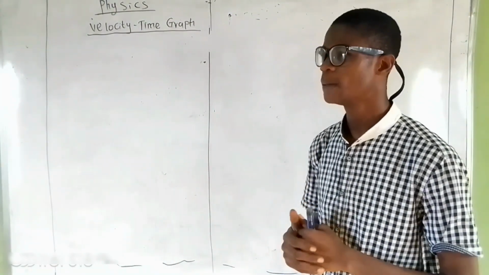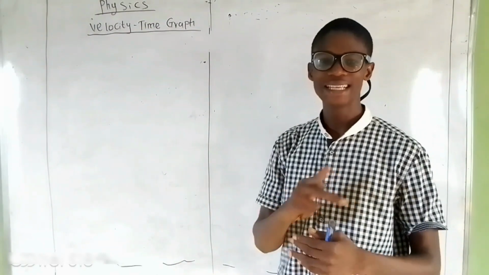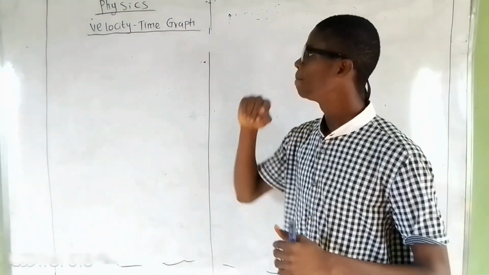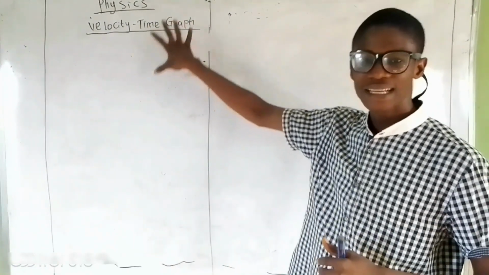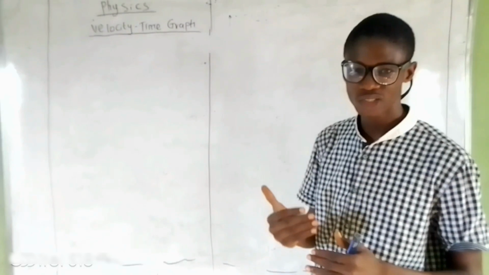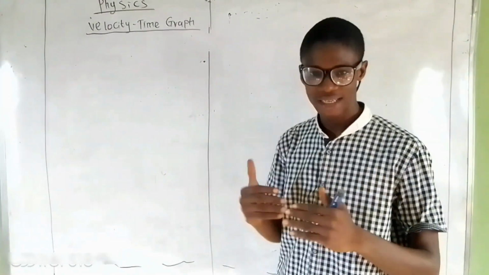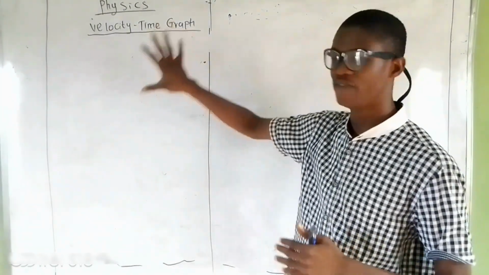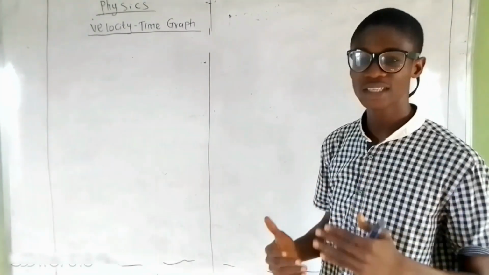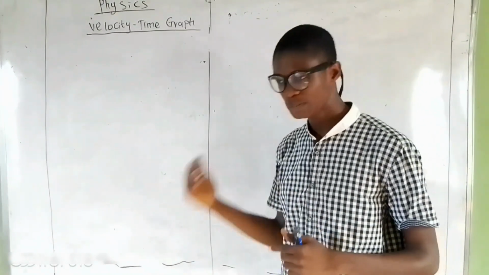What I mean is this: when an object is moving in a straight line, that's what we mean by rectilinear. Deceleration is the opposite of acceleration, and we use a velocity time graph because we all know that acceleration or deceleration is a change of velocity with respect to time.